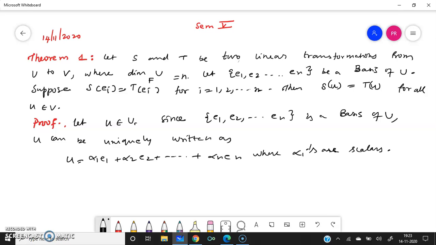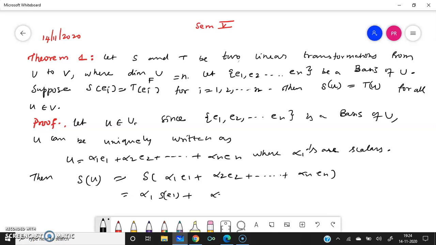Fine. Now we will find S of u. What is S of u? S of alpha 1 E1 plus alpha 2 E2 plus and so on plus alpha n En. And it is given that S is a linear transformation. Therefore, it can be written as alpha 1 S of E1 plus alpha 2 S of E2 plus and so on plus alpha n S of En.